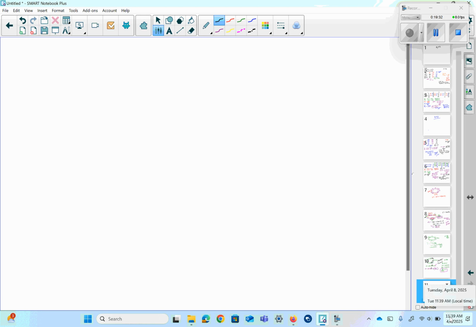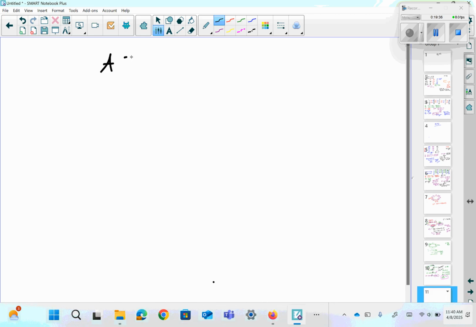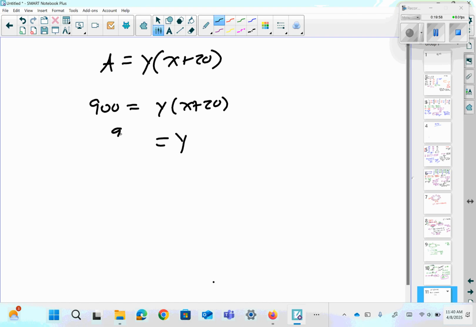Okay, hang on. There's got to be a way to jump through this. So area equals y times x plus 20. And I know that that has to be 900. So that means that y is that.